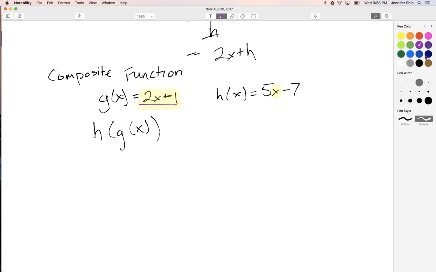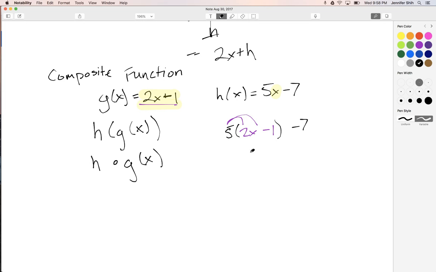This guy was purple, right? 5 times, purple would be 2x minus 1. And then you can simplify it. So this is a composite function. It's a function within a function. You would continue to simplify this, combine like terms. What I want to bring up was h of g of x.